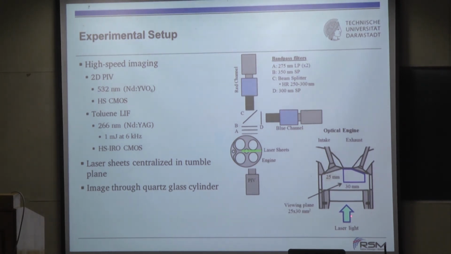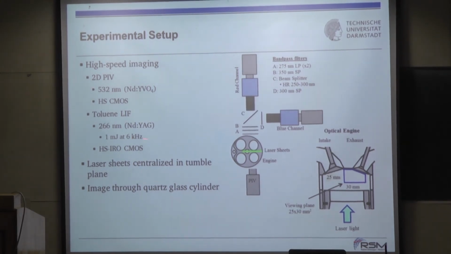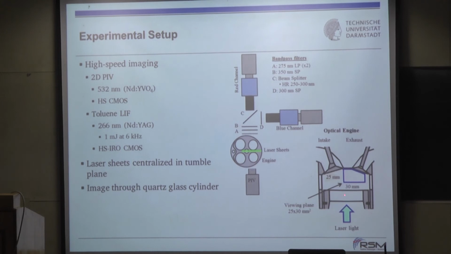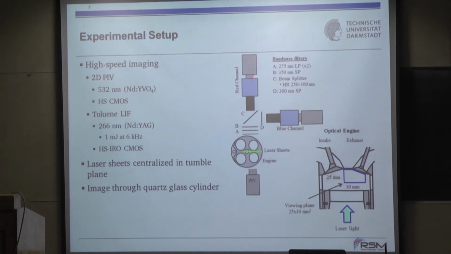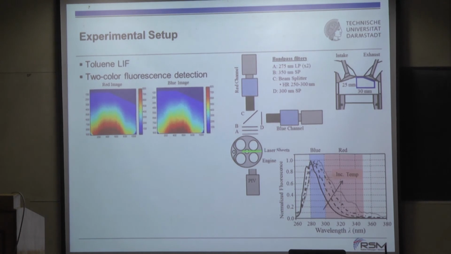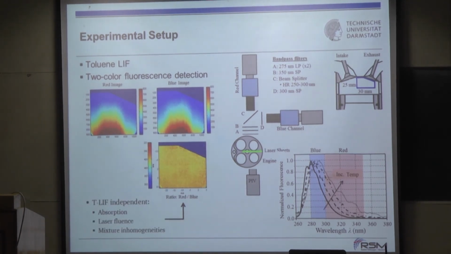Once again, the laser came at 266 nanometers, 6 kilohertz, 1 millijoule per pulse, and was intersecting this central tumble plane just below the exhaust valve, and then we were viewing with these two cameras through this beam splitter over here, the blue channel and the red channel, and took the ratio. Yeah, and this ratio, once again, we discussed that, is shown here.